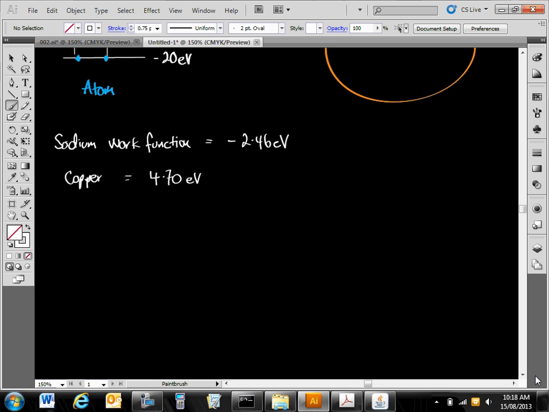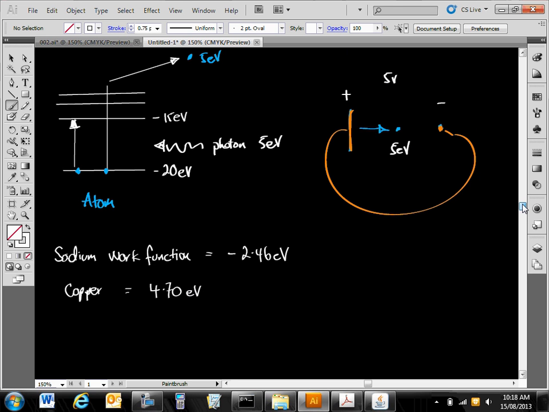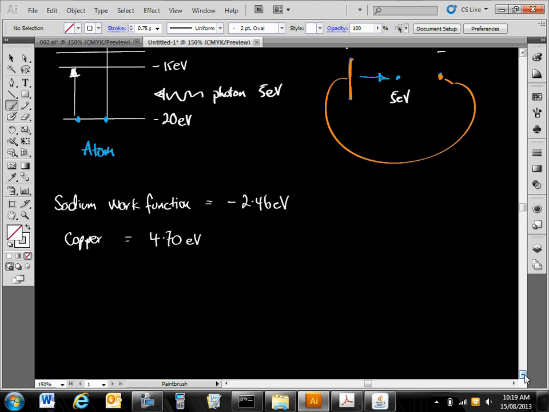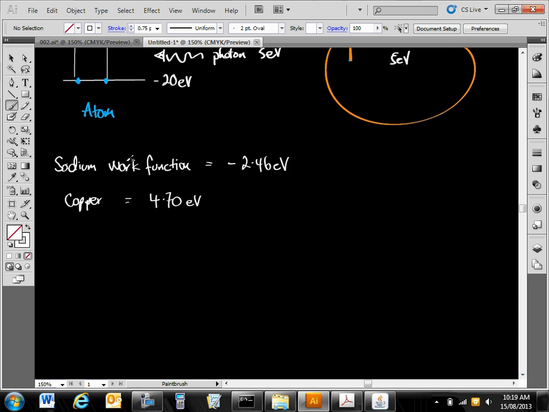Einstein won his Nobel Prize for this, for describing this. He was a theoretical physicist, and he described how this works exactly. He didn't get it for relativity, which is a common misconception.